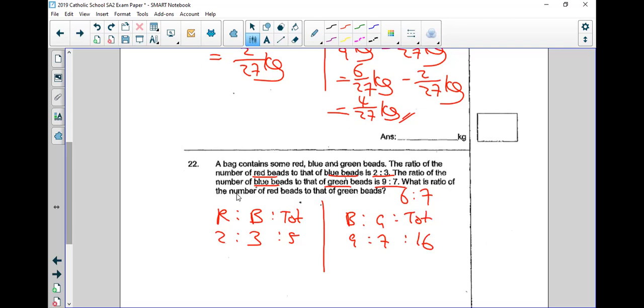Compare. What is the same? In these two ratios, what is the same? The blue and the blue, same color, but different numbers. So you have to make them equal. So you times 3, times 3, and times 3. And you will get 6:9:15. And then the other ratio, there is no change. And once you make the blue to be the same, what do you call them?